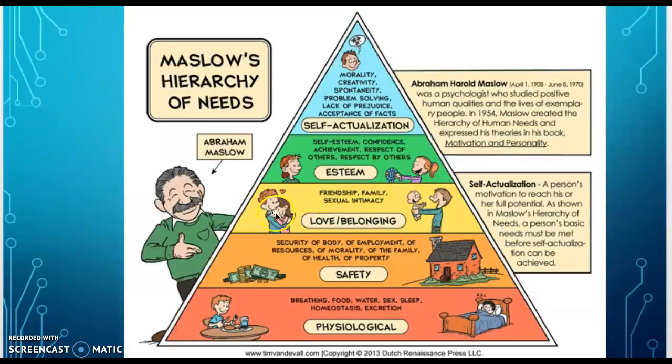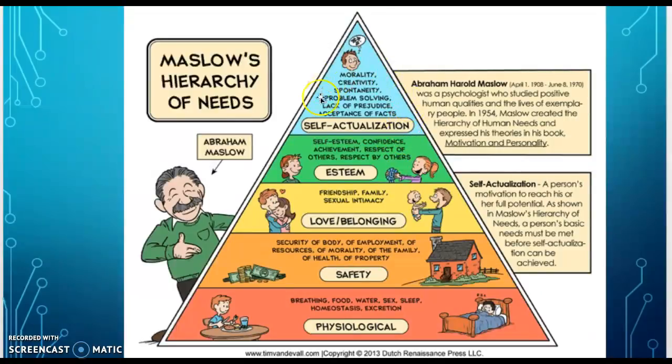The third is love and belonging: friendship, family, intimate relationships. The fourth level is self-esteem, confidence, respect, and achievement.